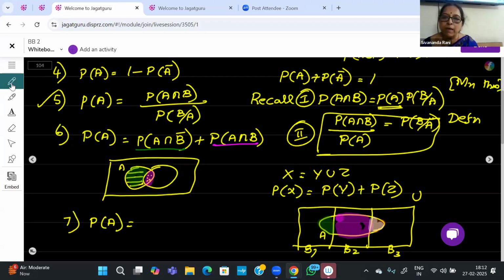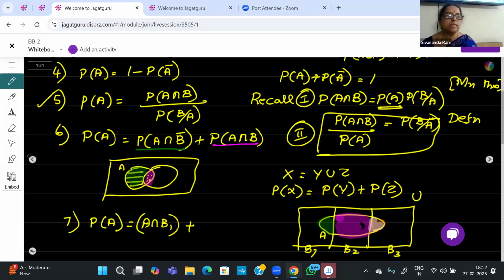That is your B1, and part of A seems to be there. And your green portion is nothing but the intersection of A with B1. How do you depict it? A intersection B1, very good. You got it. It is A intersection B1, that green one.